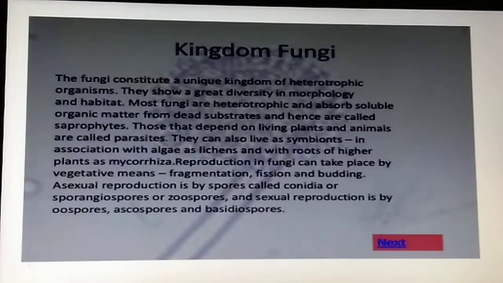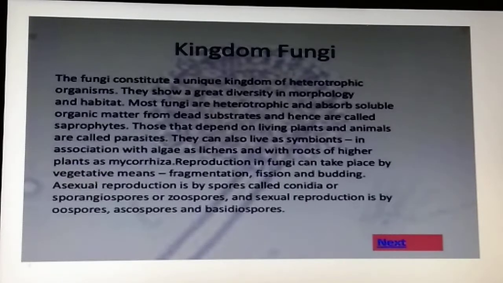Now students, coming on to the next kingdom, that is kingdom Fungi. Now the fungi constitute a unique kingdom of heterotrophic organisms. They show a great diversity in morphology and habitat. Most fungi are heterotrophic and absorb soluble organic matter from dead substrate and hence are called saprophytes.